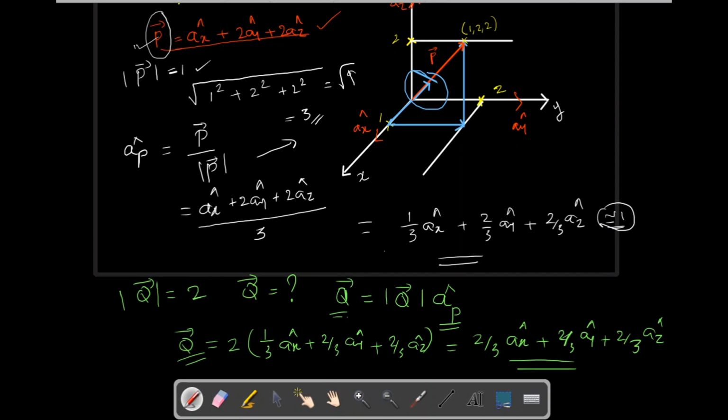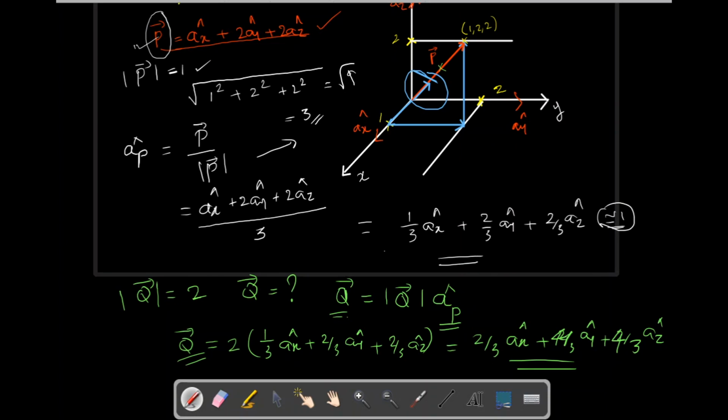You can also try to find where this Q vector is. Q vector is 2 by 3 along the x direction. Sorry, 2 is multiplied inside, so it is 4 by 3 along y and 4 by 3 along z. So I'll have 2 by 3 along the x direction, 4 by 3 along the y direction, and 4 by 3 along the z direction. I'll get my point somewhere here. So this will be my Q vector in the same direction.